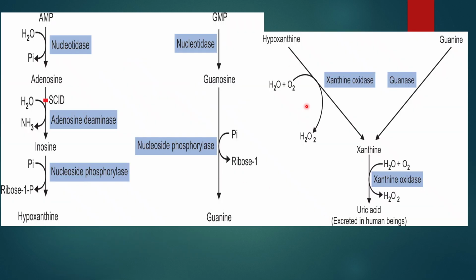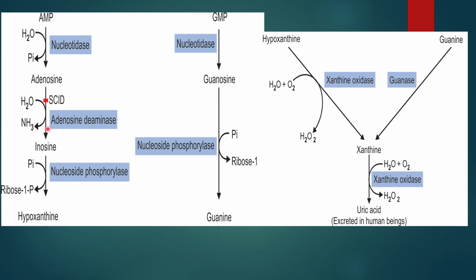Then we will see the degradation of purines. The ultimate degradation product of purine nucleotides is always uric acid. You can see the fate of AMP: via nucleotidase it is converted into adenosine with the loss of the phosphate group.